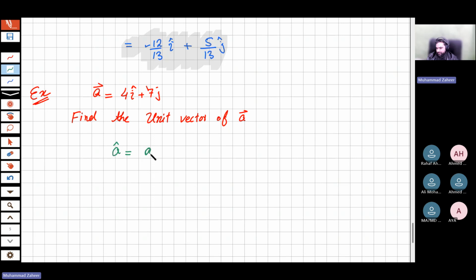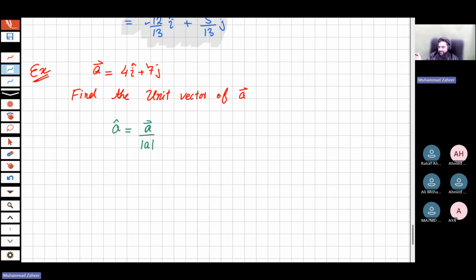That will be the vector divided by magnitude. First of all, the vector we already have. The second thing that we need to find is the magnitude. So the magnitude of the vector will be equal to root of x value square plus y value square. The x value is 4.